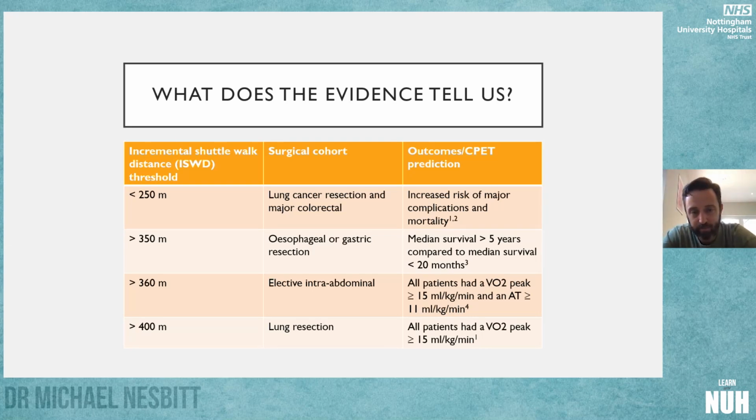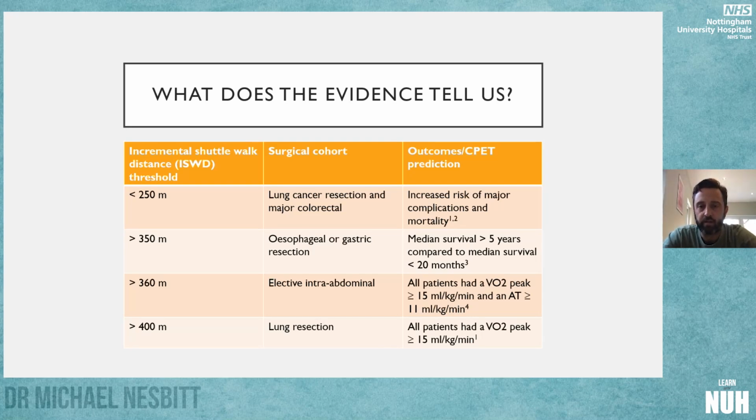So all of the patients in that particular study who got more than 360 on their shuttle walk went on to have a peak VO2 of more than 15, and an anaerobic threshold of more than 11 when they subsequently had their CPET. Similarly, 400 meters for patients undergoing lung resection was also shown to be predictive of a peak VO2 of more than 15.